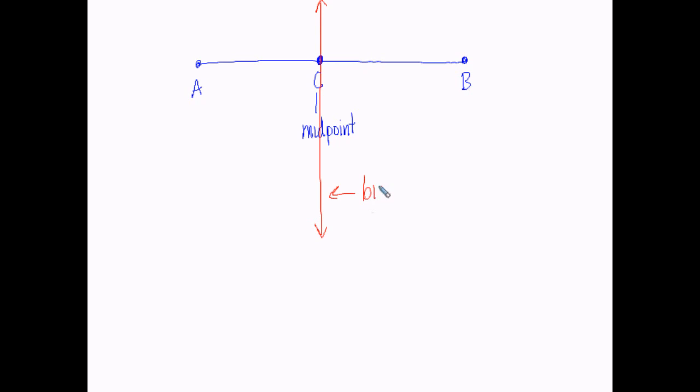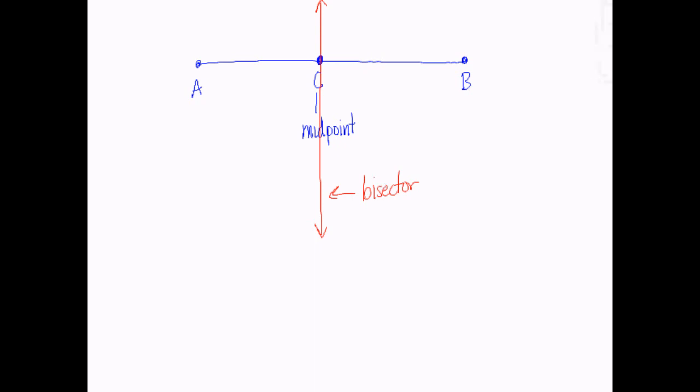This line will be the bisector. And you see lines like that through the midpoint? It doesn't have to be straight up and down like this. It can go sideways as long as it intersects at that midpoint. It's a bisector.